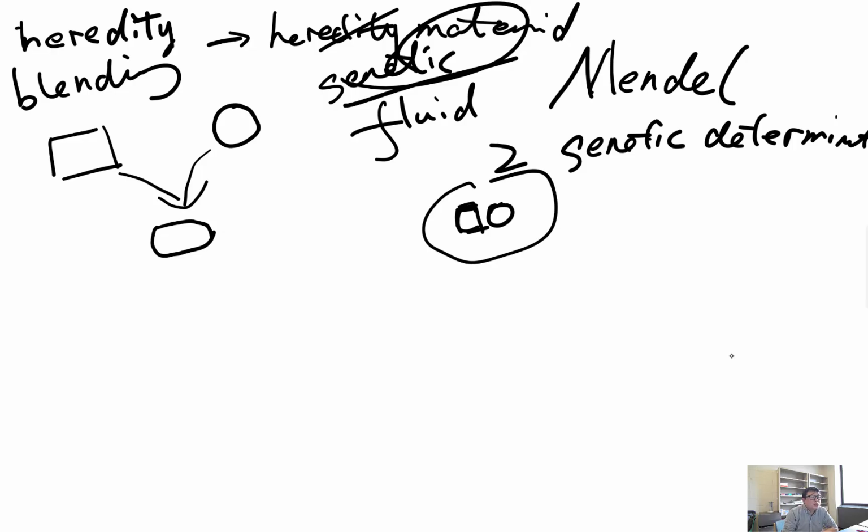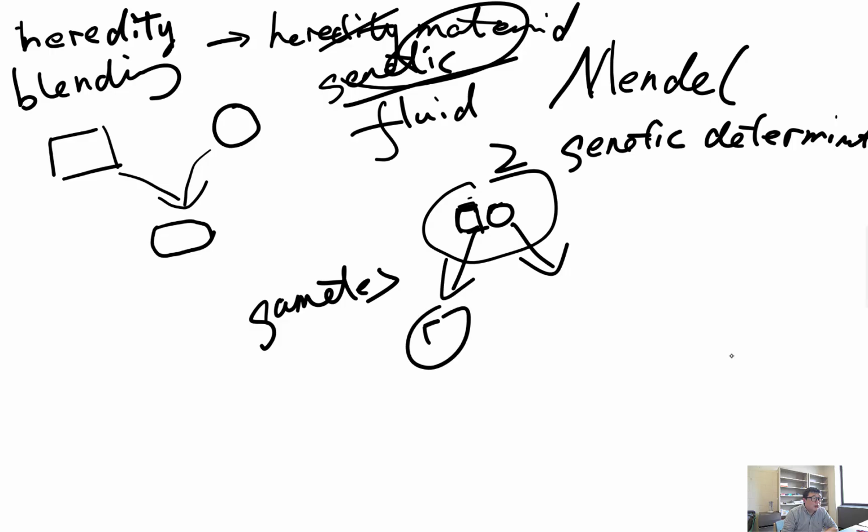One cell contains two of those genetic determinants, and when the cell splits to produce gametes, each one of those is passed to one of the cells.